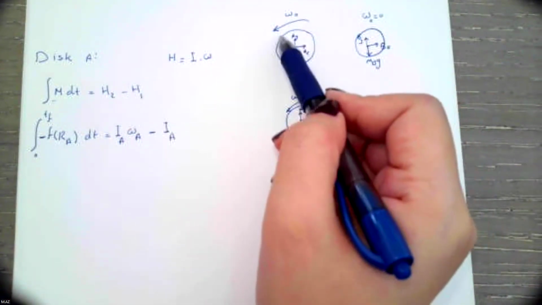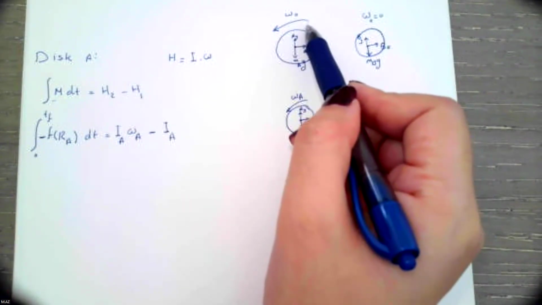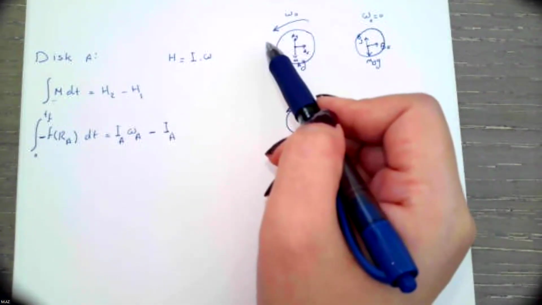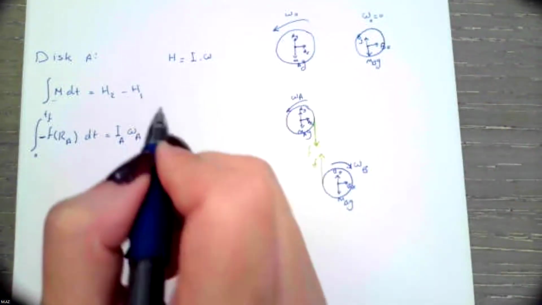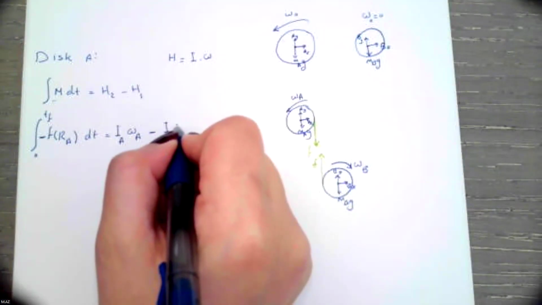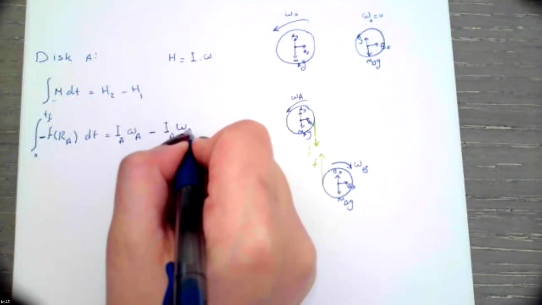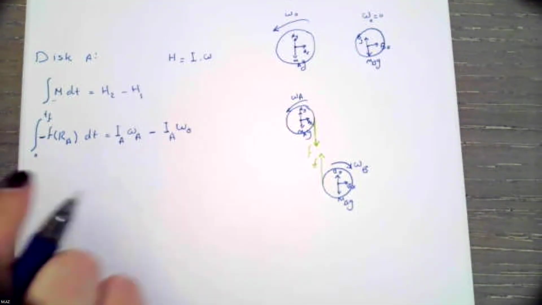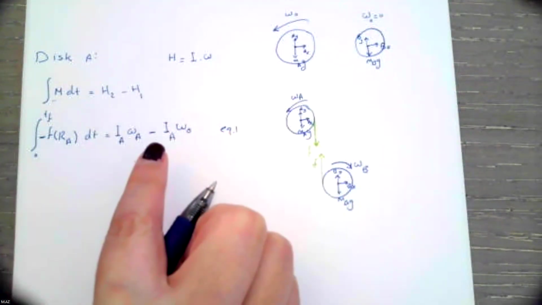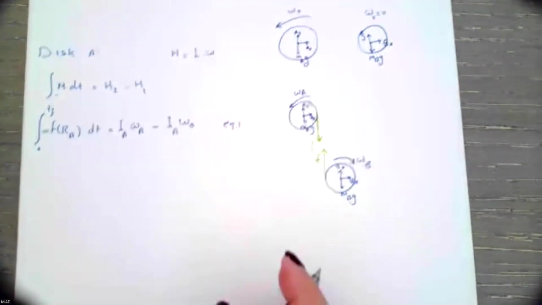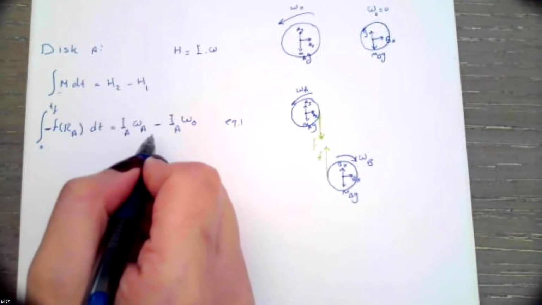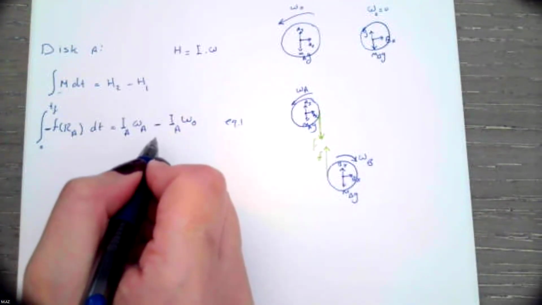Based on the information of the problem, the initial angular velocity of disk A is counterclockwise, so the sign of omega is positive. This is equation 1 for disk A. This is the final time, which means at this time we are trying to find omega A.